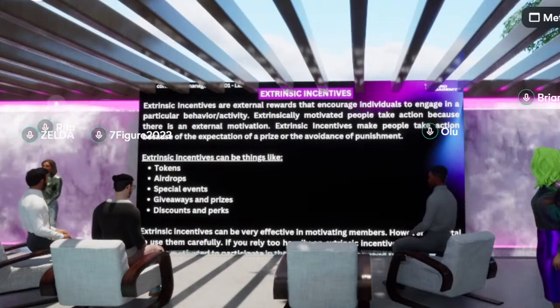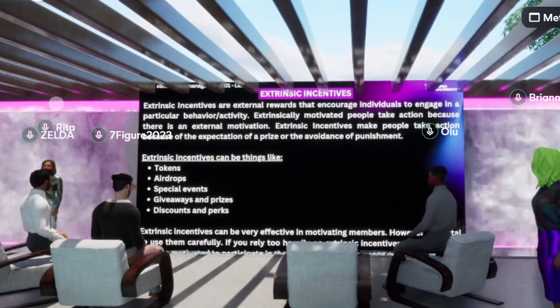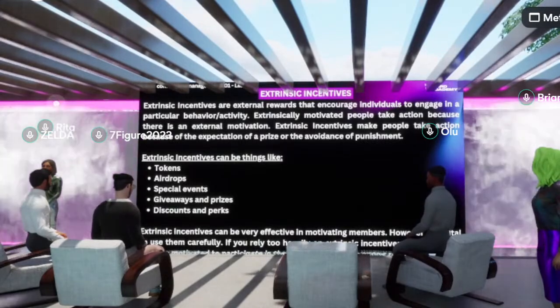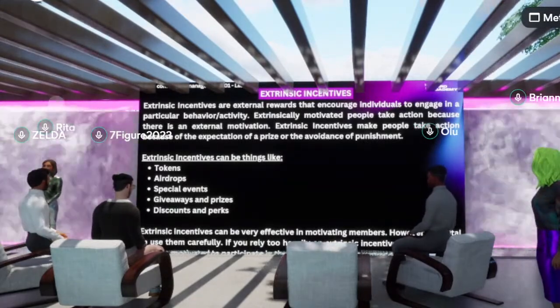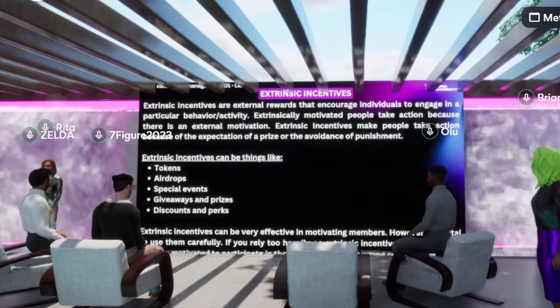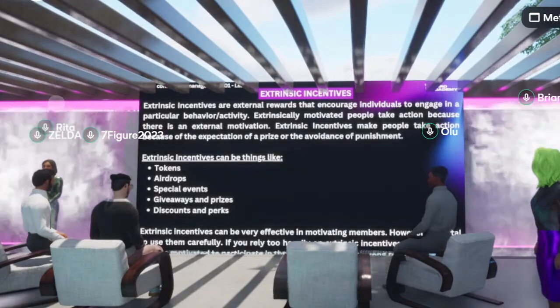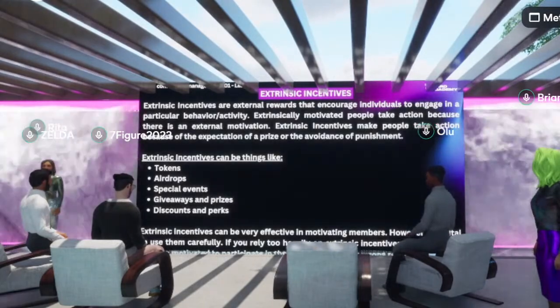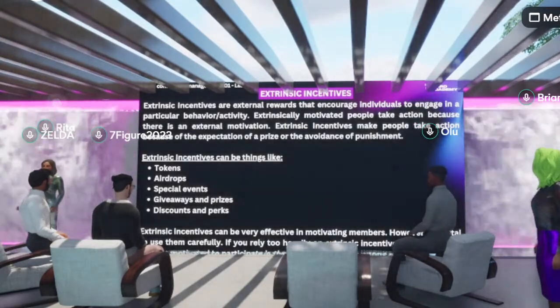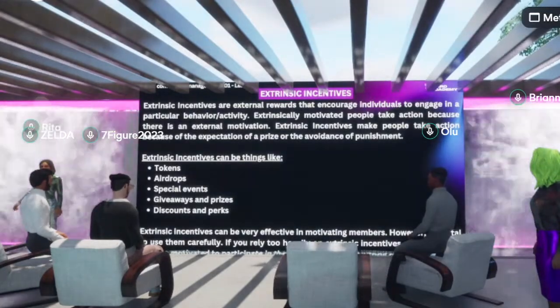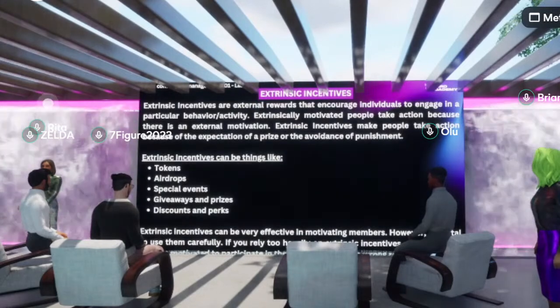It is when you do something because you expect to get something out of it. So there are external rewards that encourage individuals to engage in a particular behavior or activity, right? Extrinsically motivated people take action because there's an external motivation to do so.